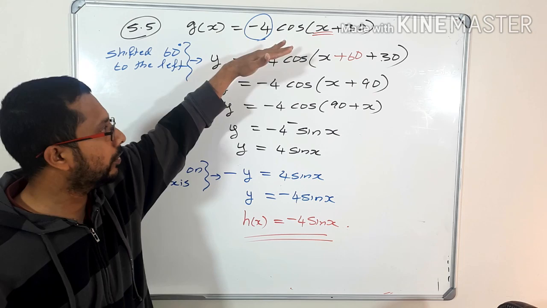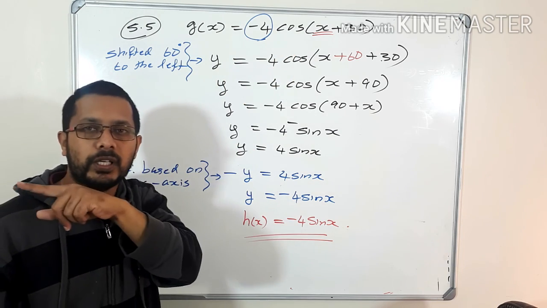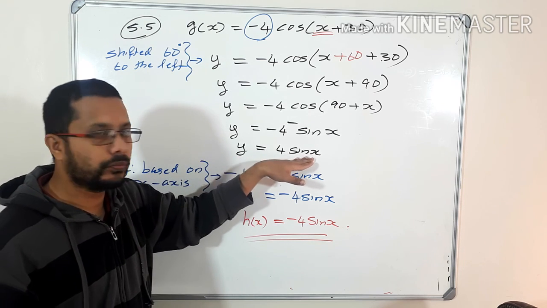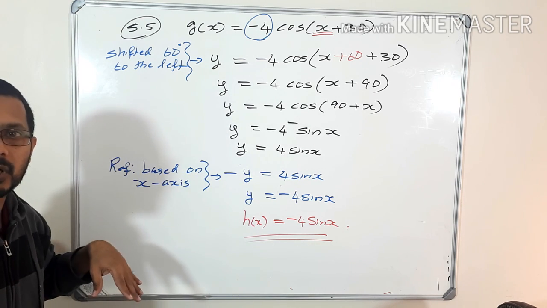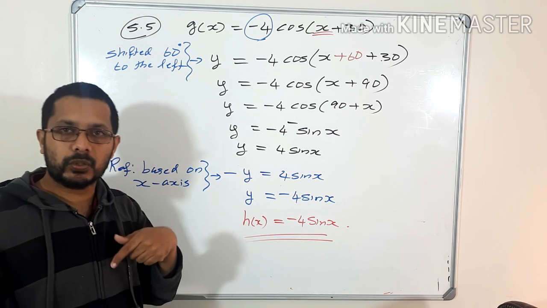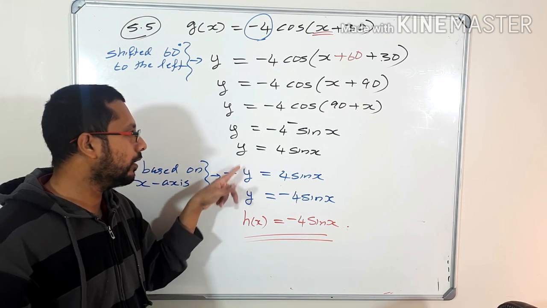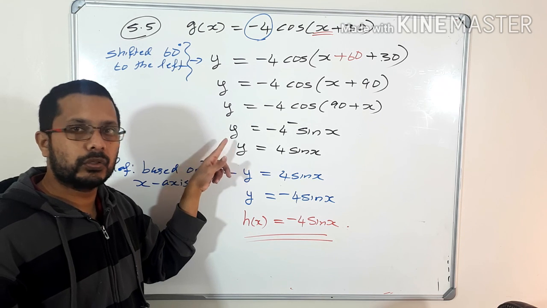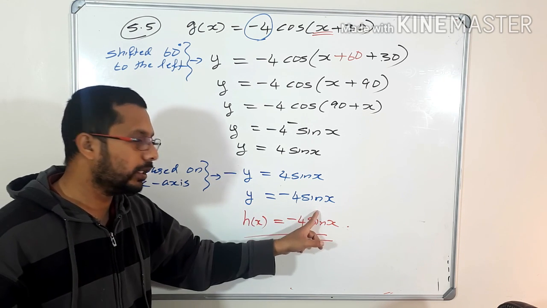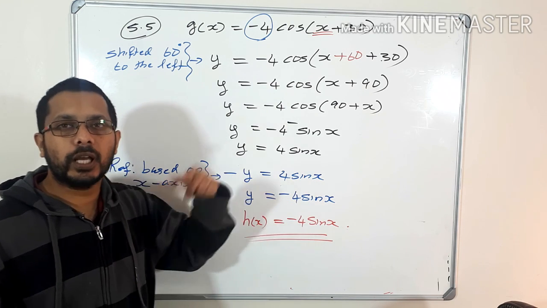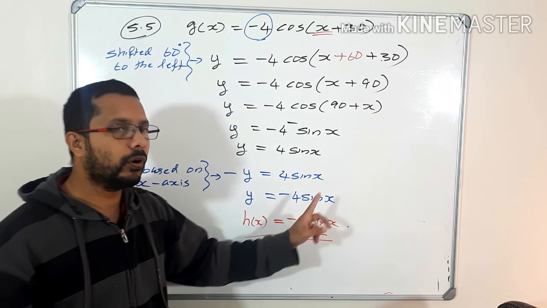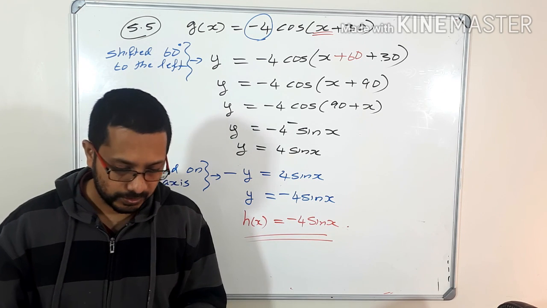If you want, you can rewind and check the explanation here. So there we got y is equal to 4 sin x. Then what is the second type of transformation? Reflection based on the x-axis. If the reflection is based on the x-axis, what you studied, you have to change the sign of y. So this y becomes minus y. Okay, then multiply and we got the new equation, and they call that new equation h of x. So what is h of x? Minus 4 sin x. That's the answer.